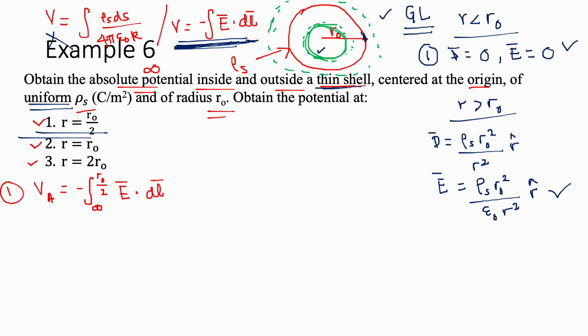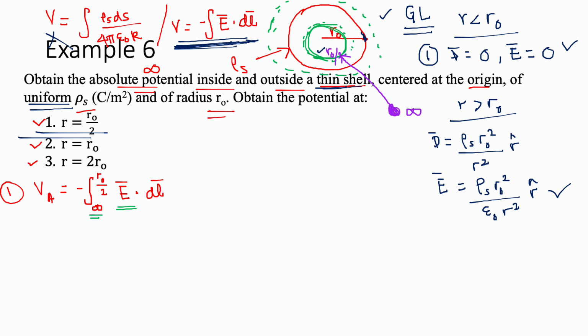Now we need to decide our E. If you still remember, for absolute potential the limit comes from infinity. Infinity means it is coming from somewhere outside the sphere and reaches this position, where this position is r naught over 2.